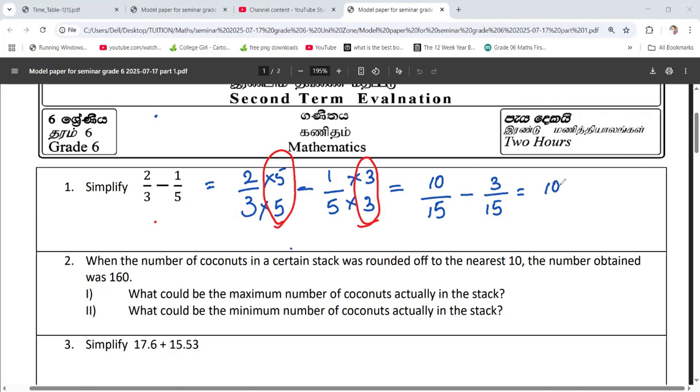Then I get 10 minus 3 over the common denominator, 15. So 10 minus 3 is 7, then 7 over 15, right? This is how you get this answer. So please don't forget to revise everything you have learned which goes with this concept, which is common denominator, right? Okay.